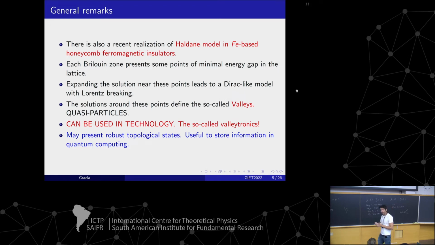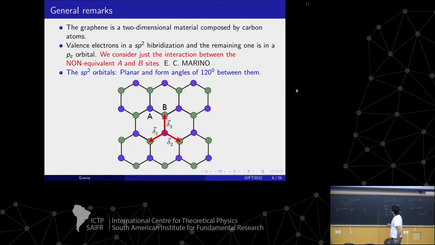We can manipulate this degree of freedom in technology, for example, in the field of electronics. And it can be useful to store information, even in quantum computing or things like that. Let's talk about our prototype of lattice, the graphene, or more specifically, the so-called honeycomb lattice.